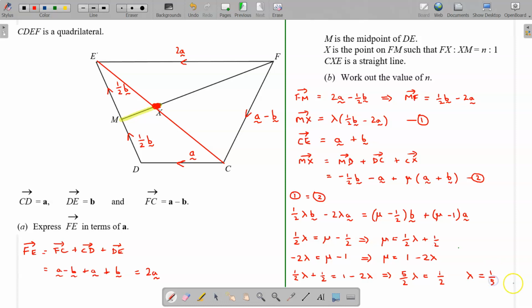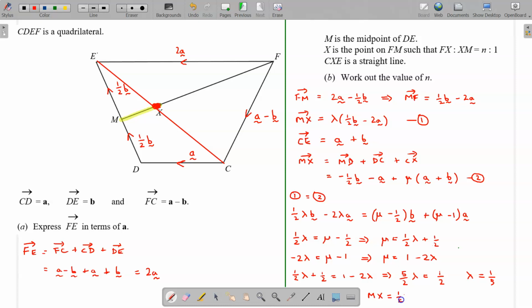So what that's telling me is that my yellow line here is 1/5 of the total length MF. So the length MX, I don't need a vector arrow now, is equal to 1/5 of MF.